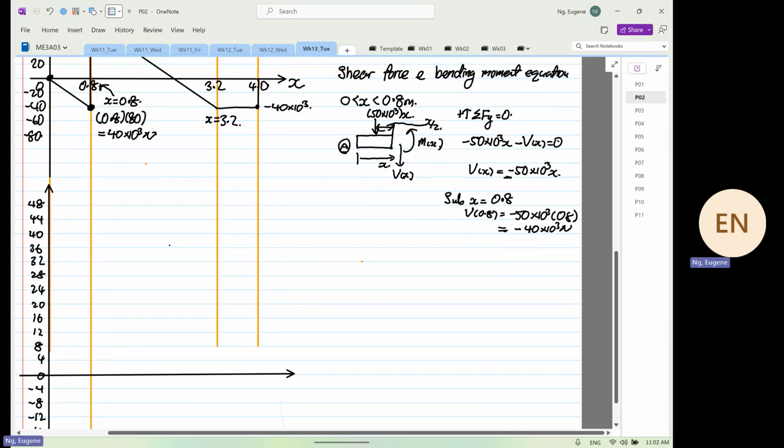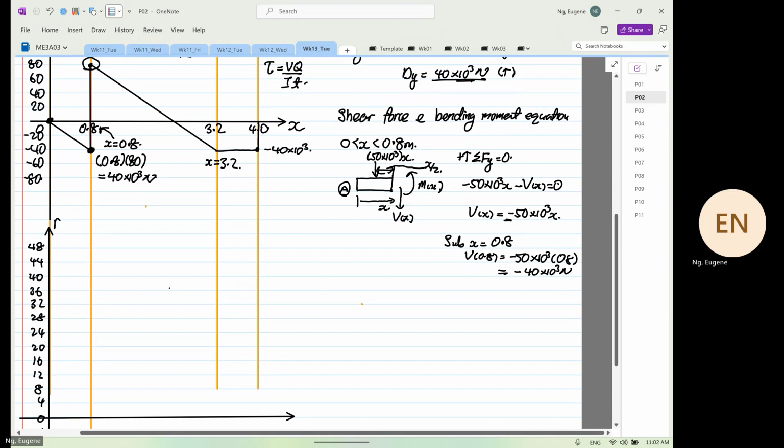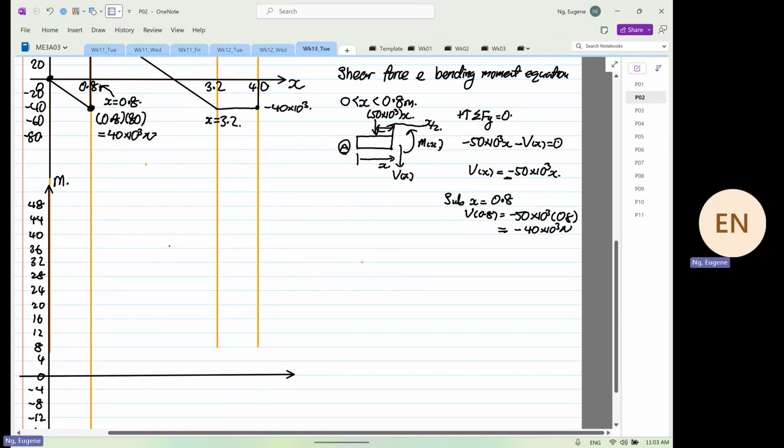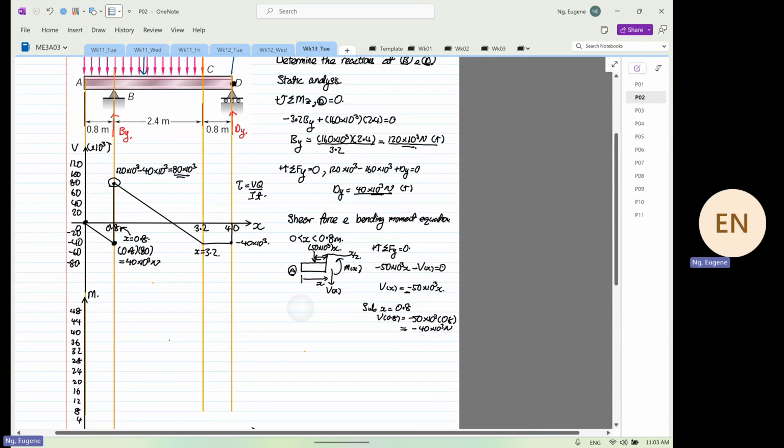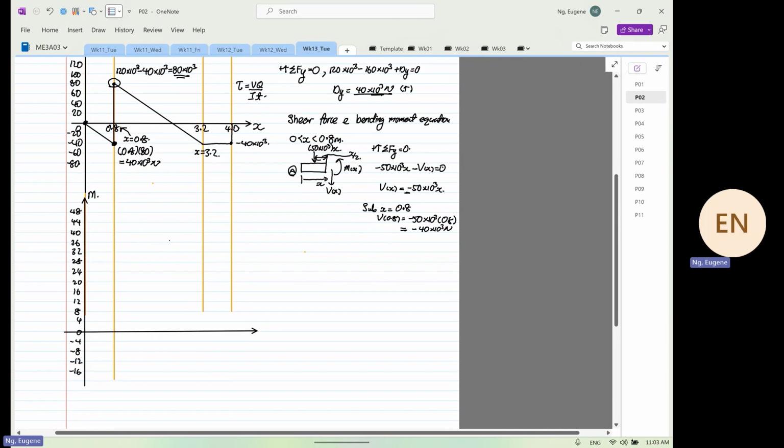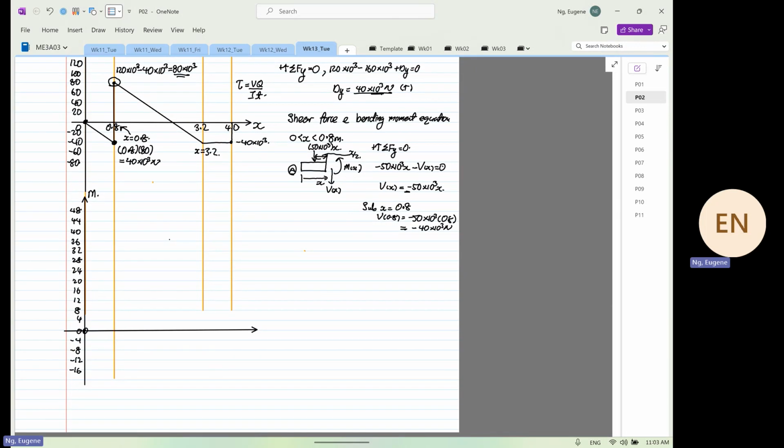So this is moment. One thing for sure, if I were to zoom out, both point A and point D will have 0 bending moment. So this will be at 0.